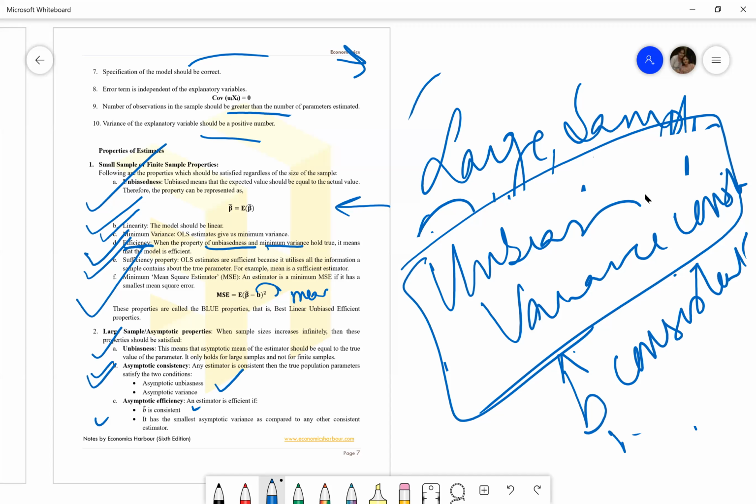And again, you have the minimum variance. When beta cap is not changing and your unbiasedness property holds, you say that your model is asymptotically efficient.